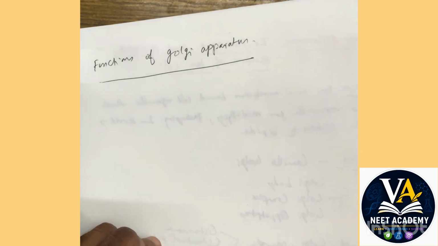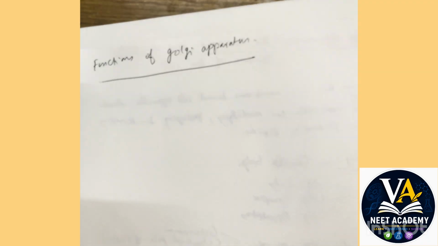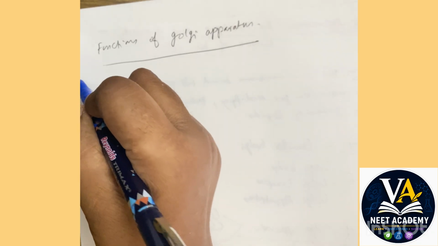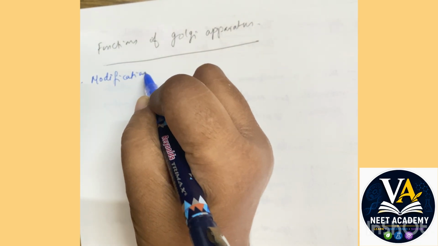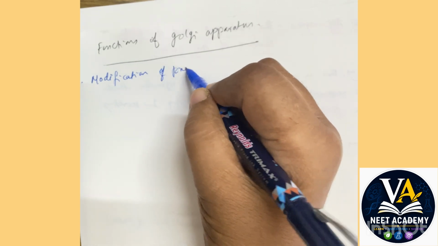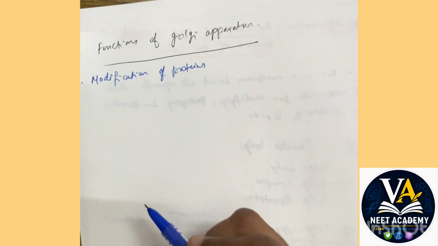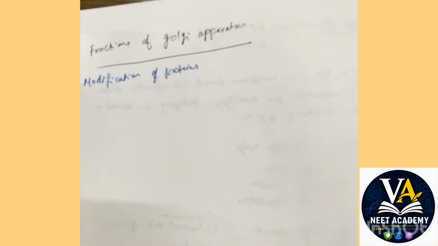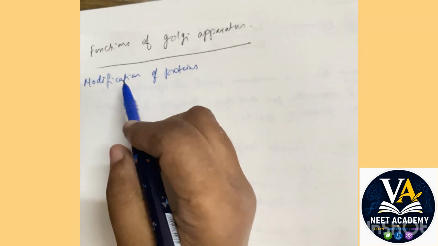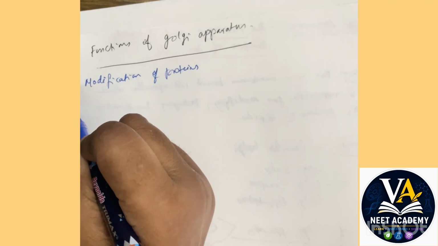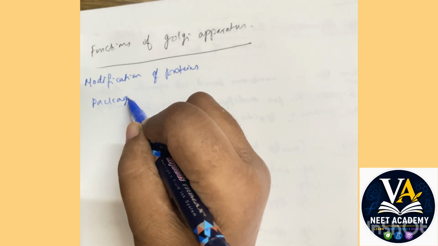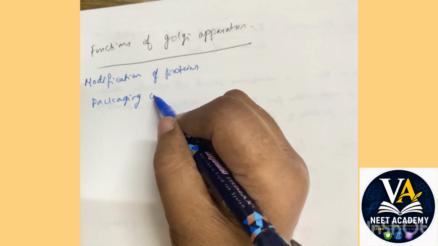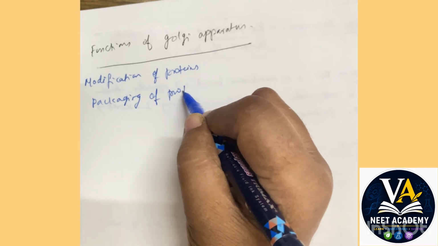The first function is obviously a very important function, modification of proteins. The proteins which are received from the endoplasmic reticulum are modified in this Golgi apparatus. After modification is done, the other function it carries out is packaging of proteins and lipids.